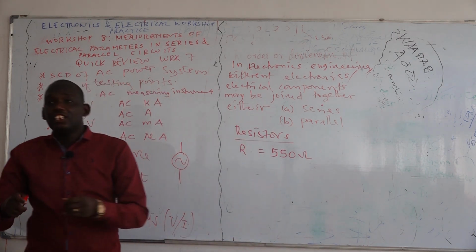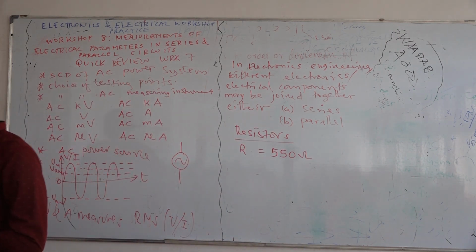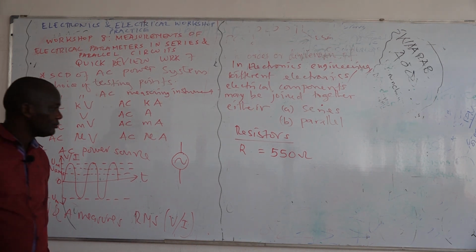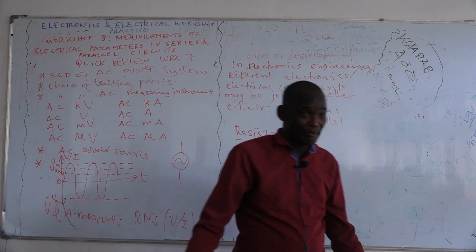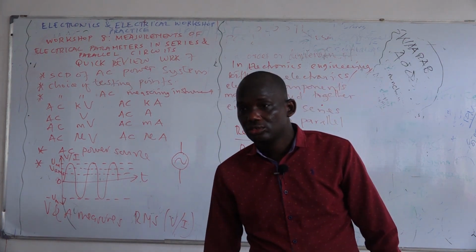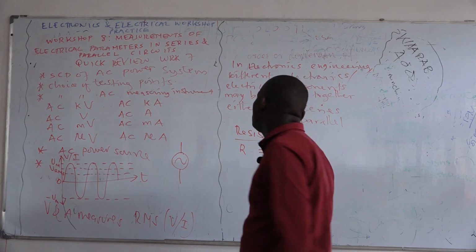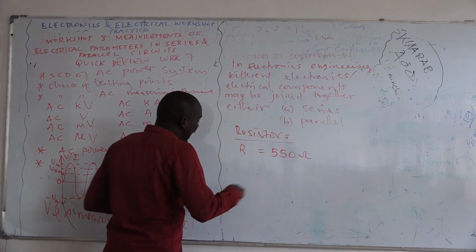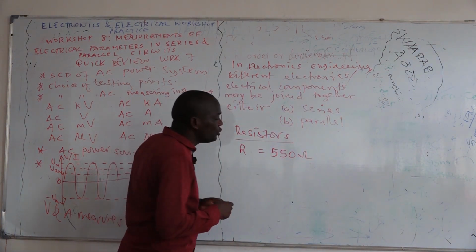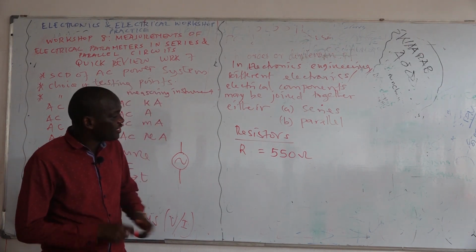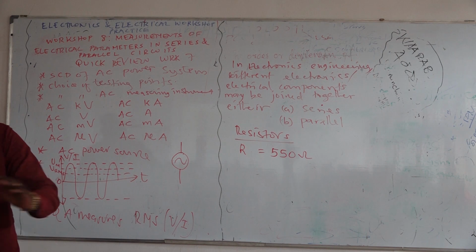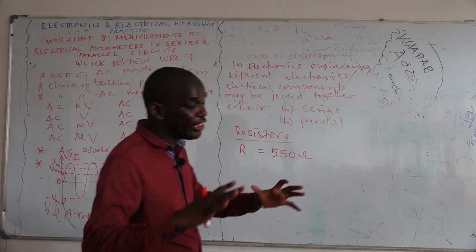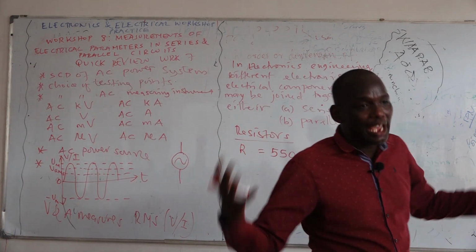You have been doing design, and you are designing a particular electronic system. In designing, in most cases, we use formulas and mathematical equations to do calculation, right? So suppose that you have done your calculation, and you came up with needing a resistor with a resistance of 550 ohm. In science that we taught you in O-level, A-level, and the ordinary diploma, you don't care about the value of resistance.